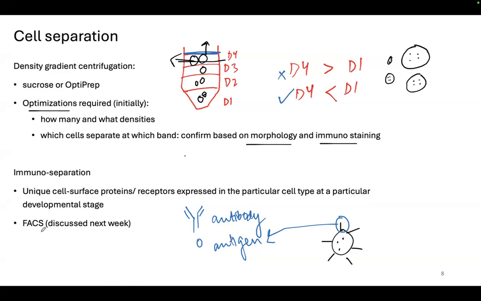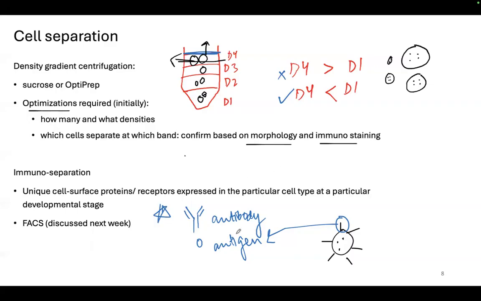What we will be talking about next week is called FACS, which is fluorescence activated cell sorting. Some places say fluorescence assisted cell sorting. I think it's the same thing, but fluorescence activated is what I've been using so far. In addition to this antigen and this antibody, you can use a third component, which is some sort of fluorescence molecule.